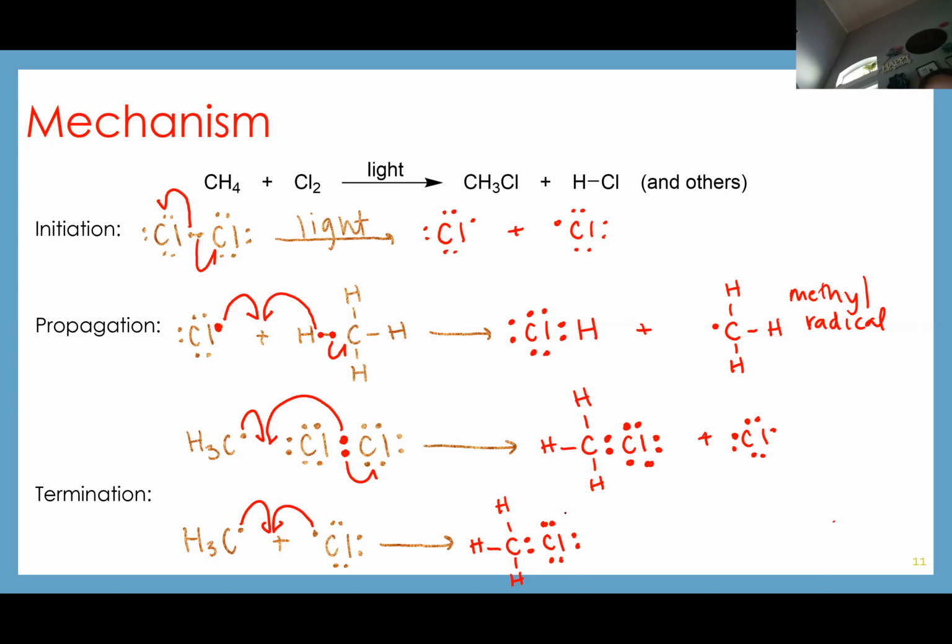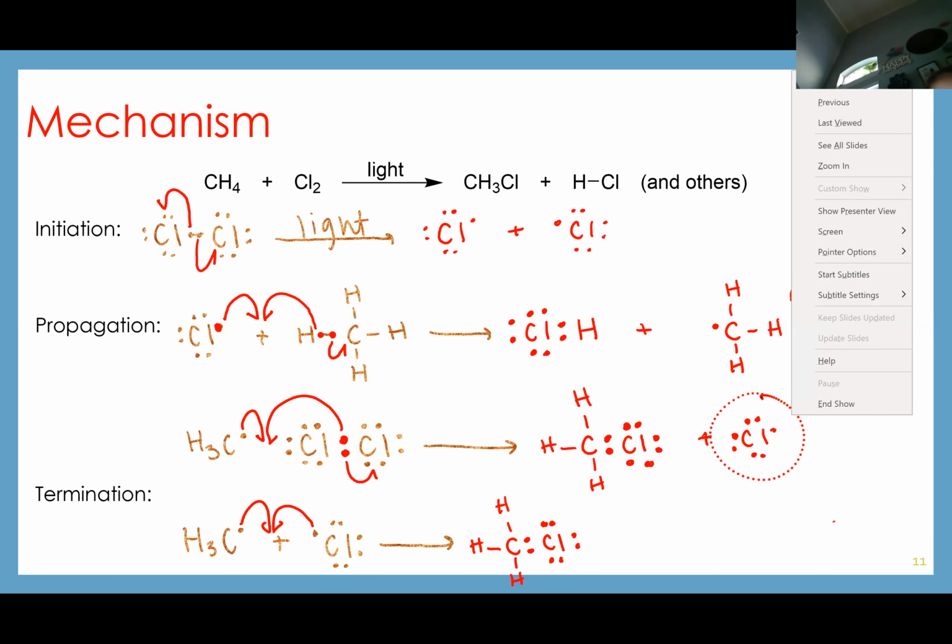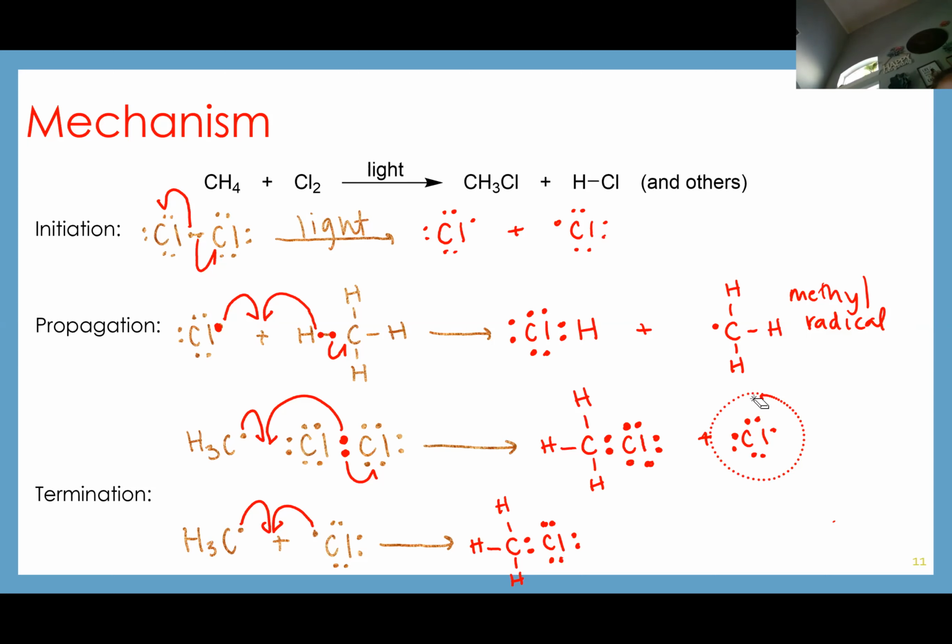Now, if you're going to create some of the products that have multiple chlorines, what would happen is, after this was made, this molecule could react with another chlorine radical. It would start basically back up over here, where you abstract one of the hydrogen atoms and you create another radical, but we would have a chlorine in the place of a hydrogen, and it would just continue.